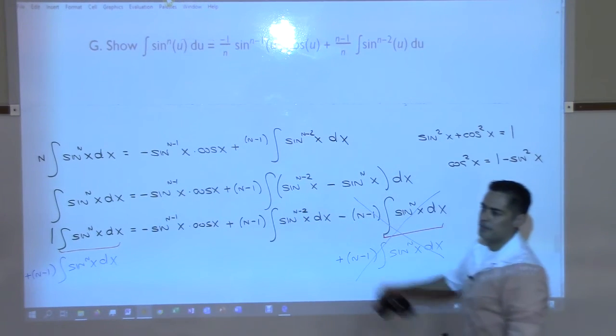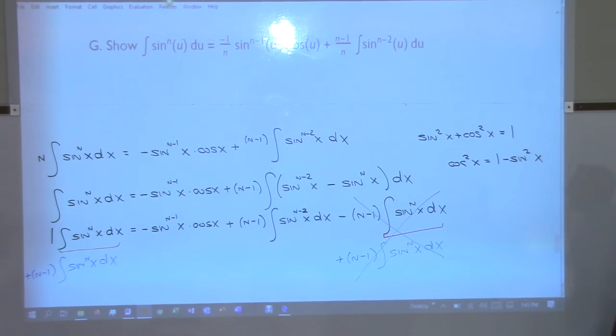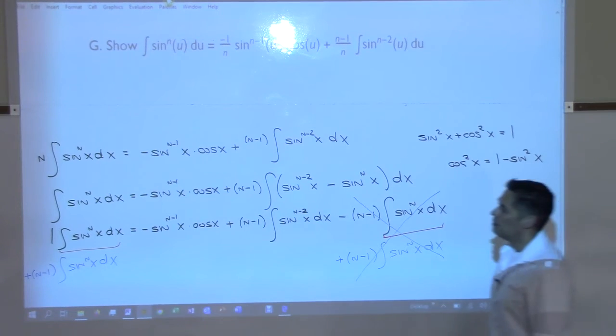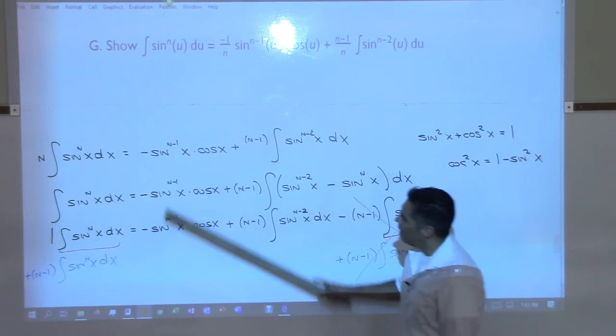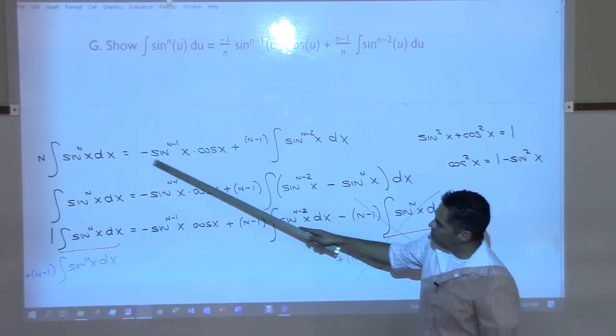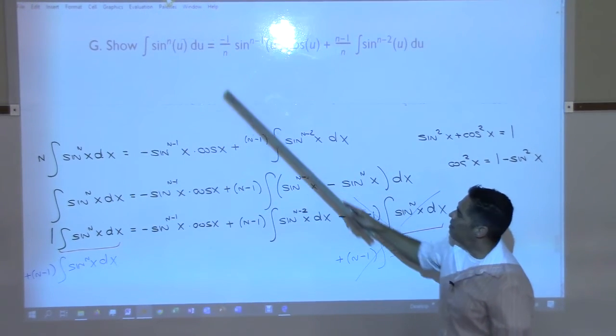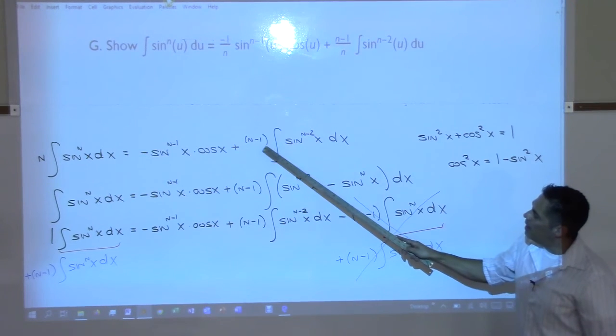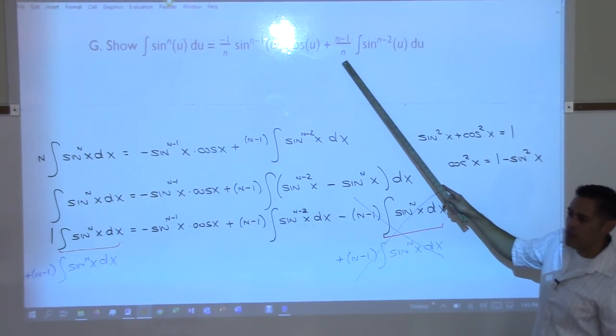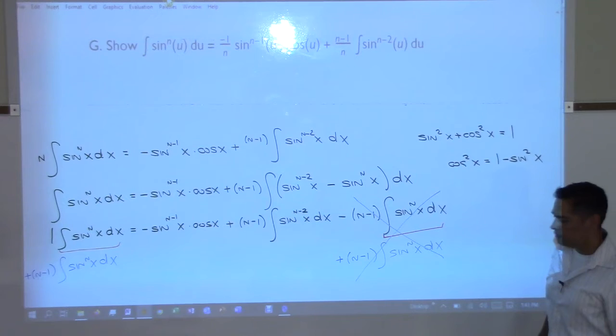That's where we are, right? And last step, divide everything by n. So if I divide this term by n, I get the negative 1 over n, don't I? And if I divide this whole thing by n, that's where I get the n minus 1 over n. So we're there.